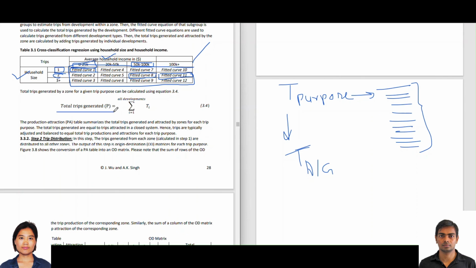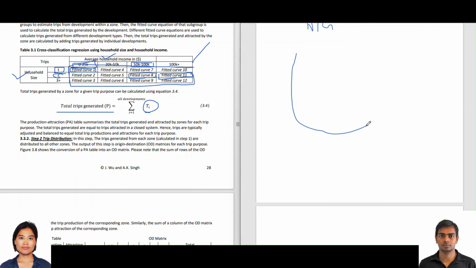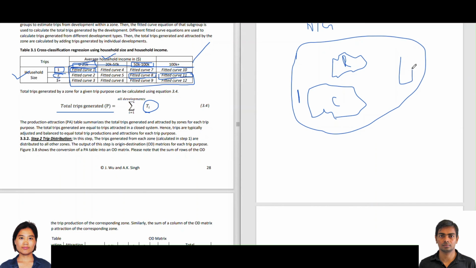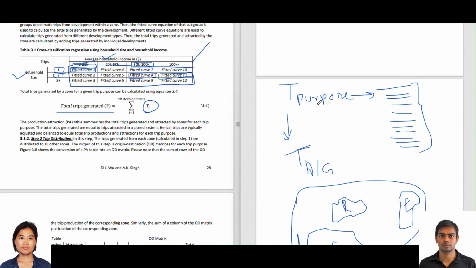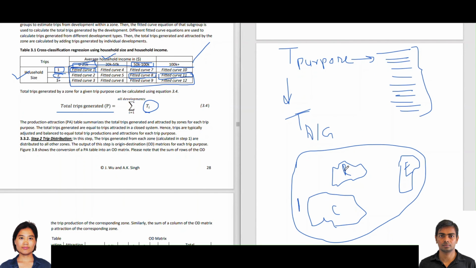Total trips generated is the total number of trips from all the developments within a zone. So let's say I'm looking at this zone. This is my zone number one. There is some residential area here, there is some commercial area here. So this is residential, this is commercial, this is entertainment. Total number of trips are first calculated by trip purpose, and then they are summed up for each development type.